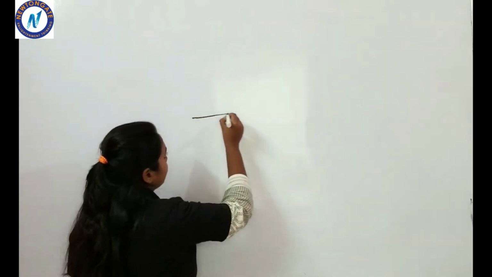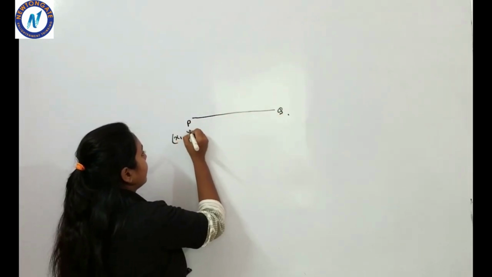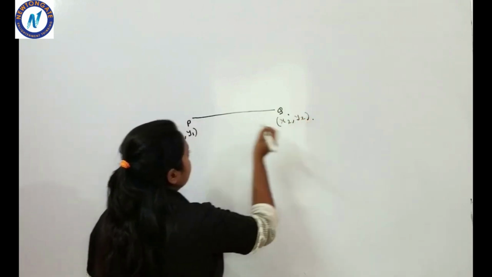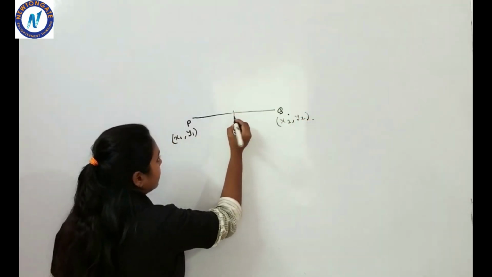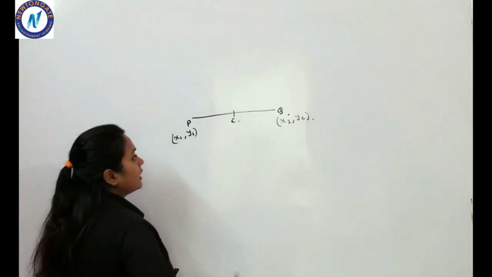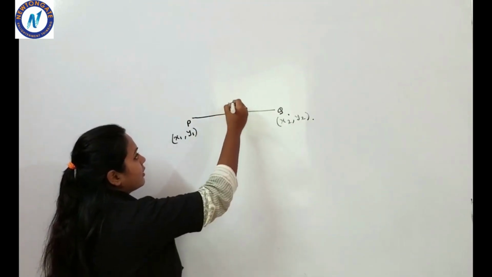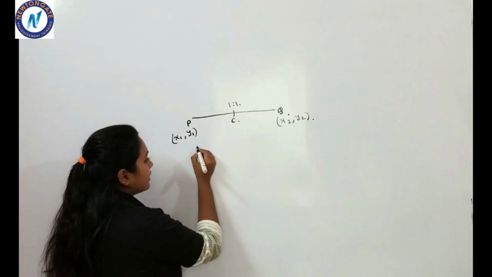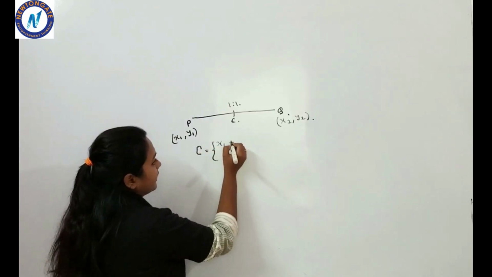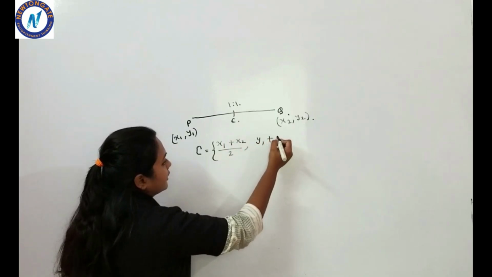The coordinates of P are x1, y1 and of Q are x2, y2. Since C is the midpoint, the ratio in which C divides PQ is 1 is to 1. Then the coordinate of C equals x1 plus x2 by 2 and y1 plus y2 by 2.